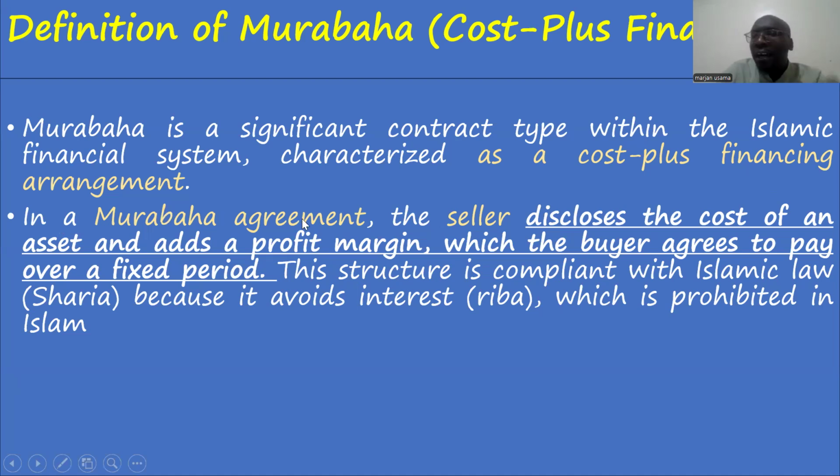In a Murabaha agreement, the seller, which most of the time is the bank, discloses the cost of an asset and adds a profit margin, which the buyer agrees to pay over a fixed period. And this structure is compliant with Islamic law, Sharia, because it avoids interest, riba, which is prohibited in Islam.